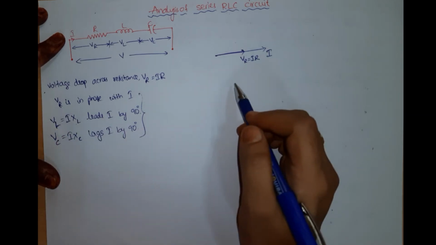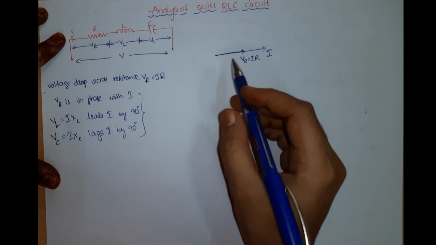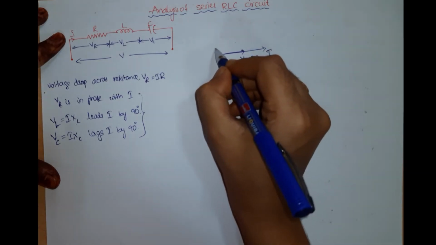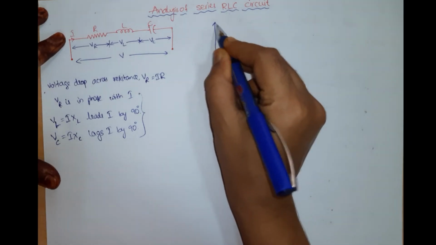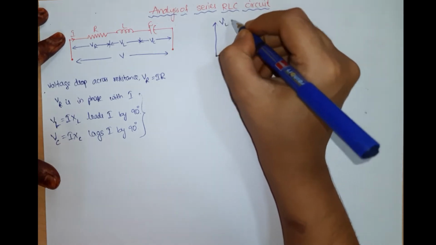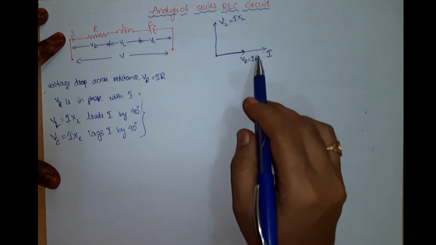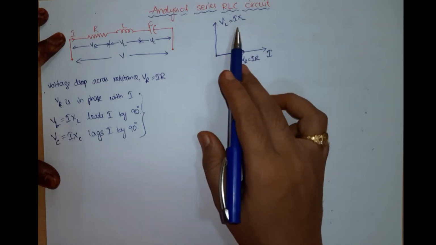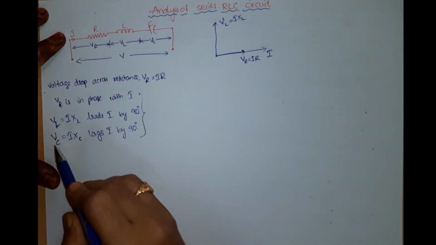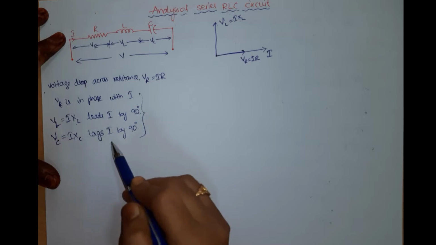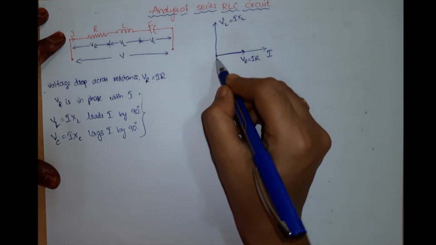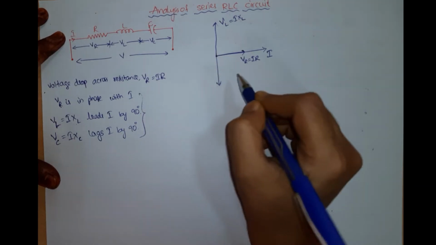Now I have to draw a phasor which leads the current by 90 degrees. So I am drawing something like this, which is my VL. It is nothing but I into XL, which is leading the reference current I by 90 degrees. Next, VC, IXC lags current by 90 degrees. That is, it comes like this.